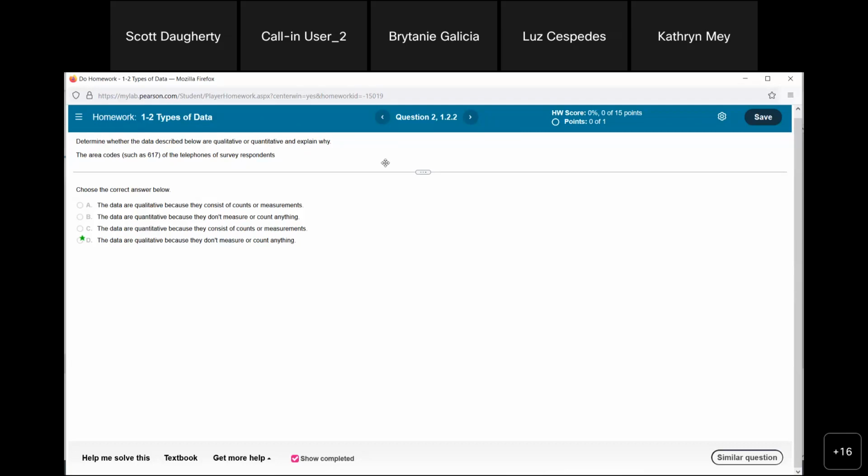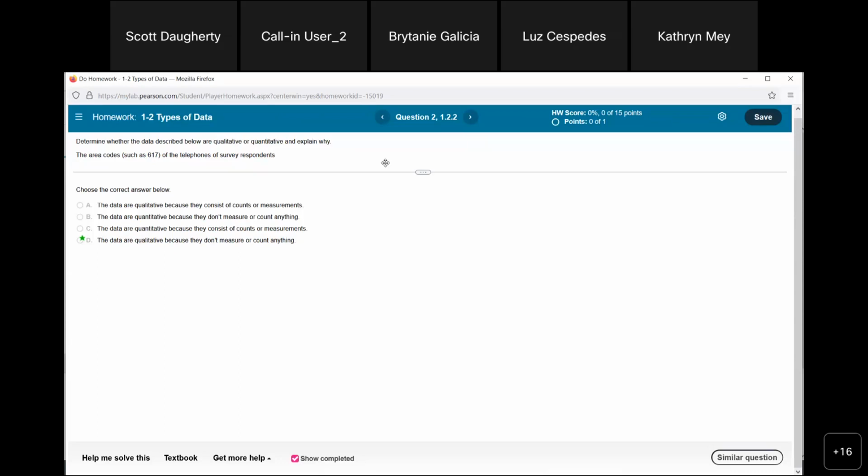And so in this example, they collected area codes of telephone numbers from people that they surveyed. Even though area codes are numbers, those numbers don't represent anything numerically. So this is actually qualitative data. If someone gives you a list of area codes, those are just labels for different areas of the country.